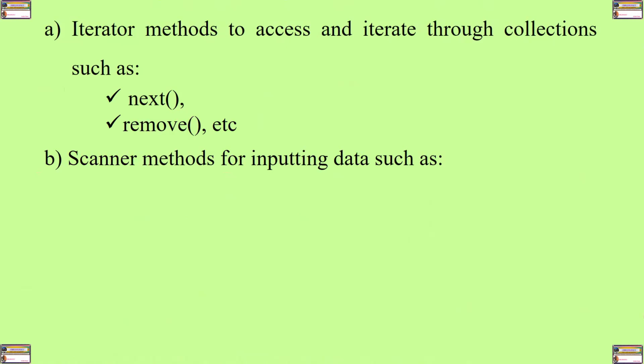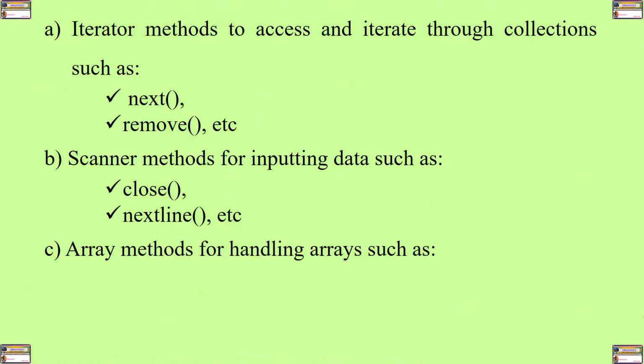The second type are what we call the scanner methods that are used for inputting data. Examples of such are the close method, nextLine method, amongst others that we are going to learn within this presentation and in this series of presentations on programming using Java.